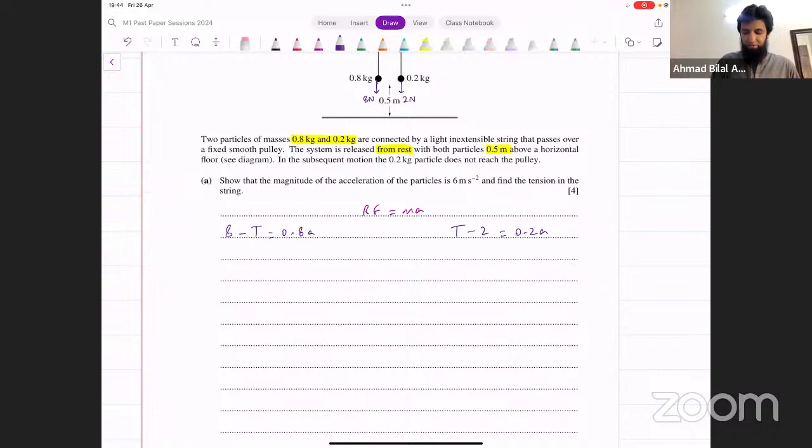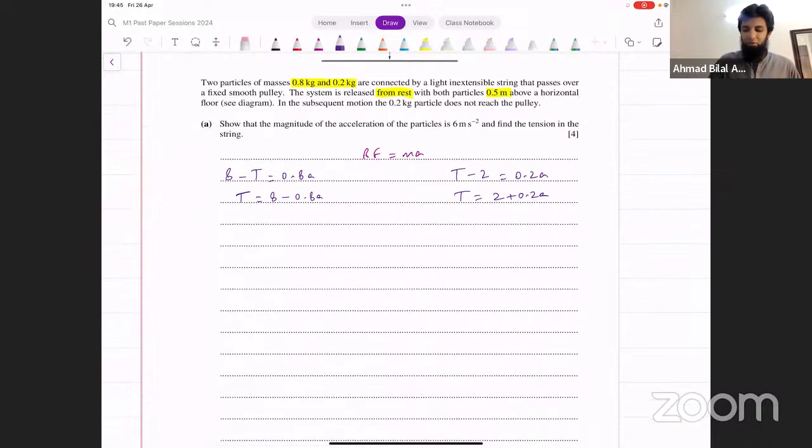From the first equation, T turns out to be 8 minus 0.8 times A. From the second equation, T turns out to be 2 plus 0.2 times A. Now you equate both of them. That gives you 8 minus 0.8A equals 2 plus 0.2A. 0.8A comes to the right side, and that gives you A equal to 8 minus 2, which is 6. And that's one thing that we were looking for, the acceleration value.